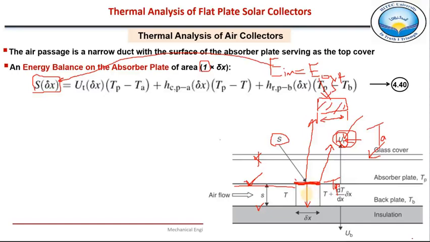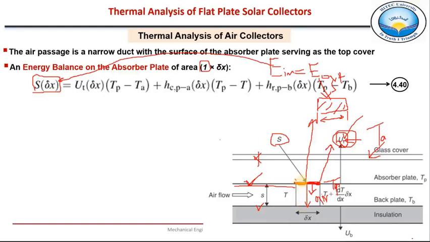What is this energy? This energy is going to this plate by radiation, and also there is energy going to this air, because right under this absorber plate air is flowing. So energy is transferred from this plate to this back plate by radiation, because here we have a surface at a certain temperature, here we have another surface at another temperature.